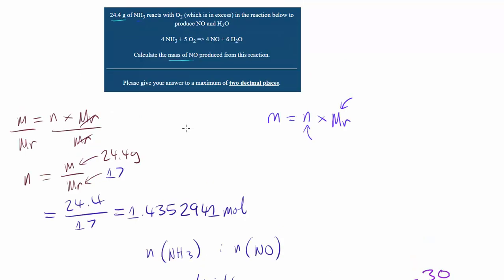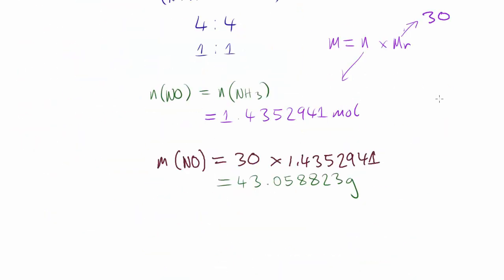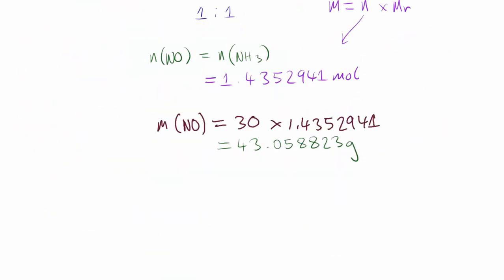However, if we do refer back to the question again, it says give your answer to a maximum of 2 decimal places. So we do have to adhere to that in this case. If we round that, 43.05, we need to round that up, right?